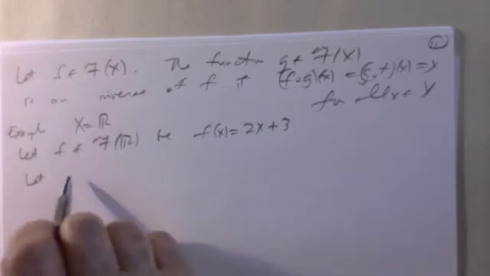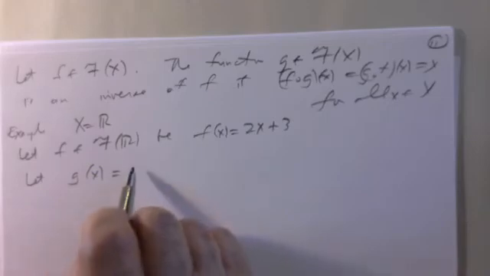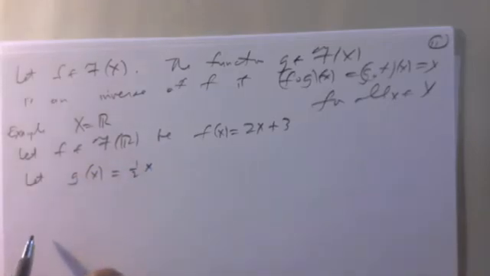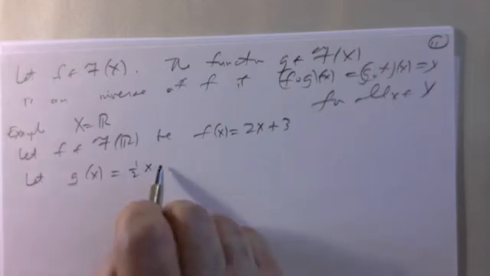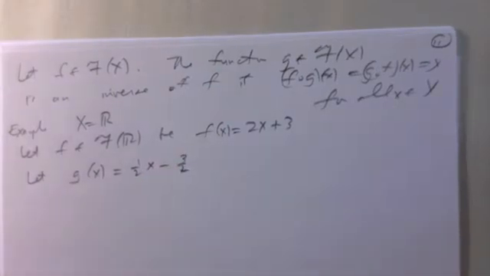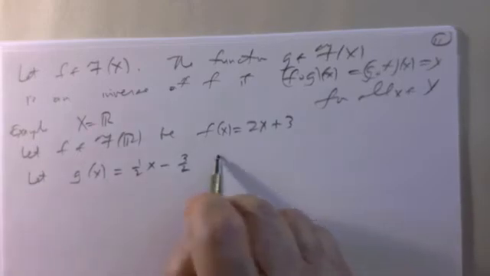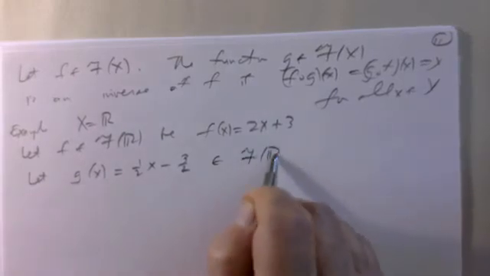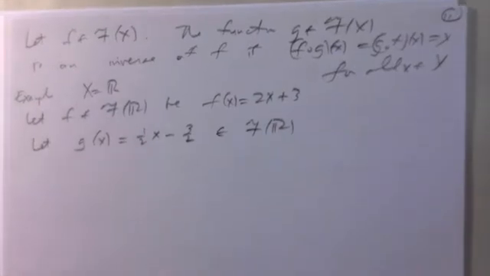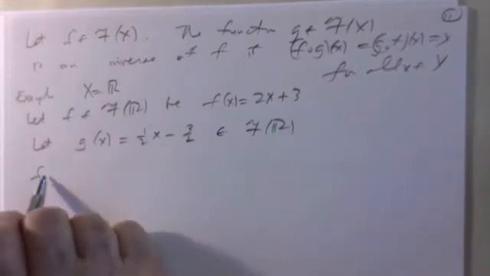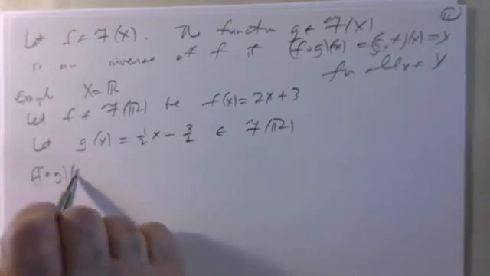Let me make a lucky guess. Suppose I let g of x be equal to a half x minus 3 halves. So this is also a function on the line. What is f composed with g of x?